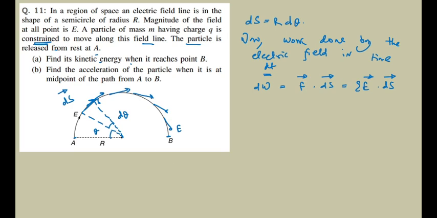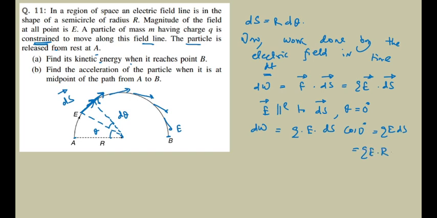Now you see, in this interval the electric field is in that direction, ds is also in the same direction. So can I write that E vector is parallel to ds vector? So the angle between them is equal to 0 degrees. So dW is equal to q into E into ds cos 0 degrees, that is qE into ds. ds means r d theta.